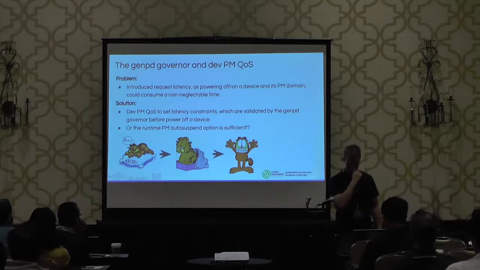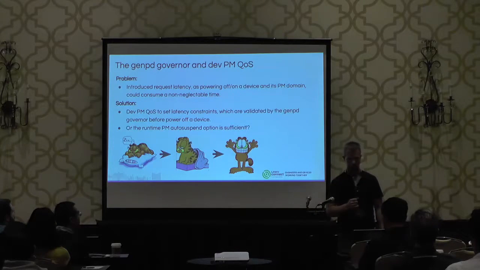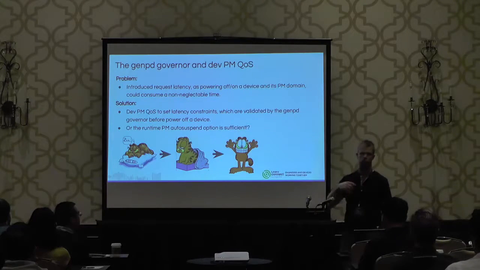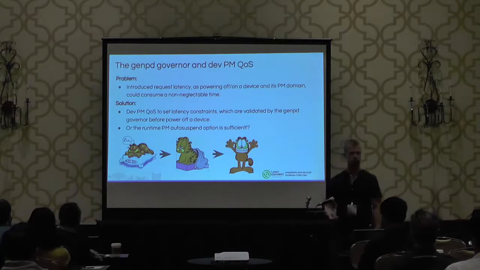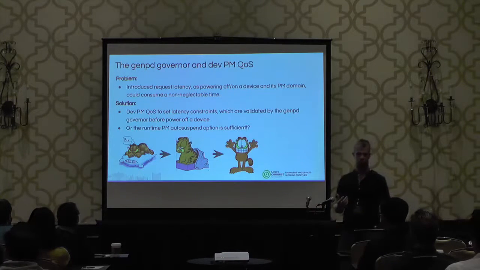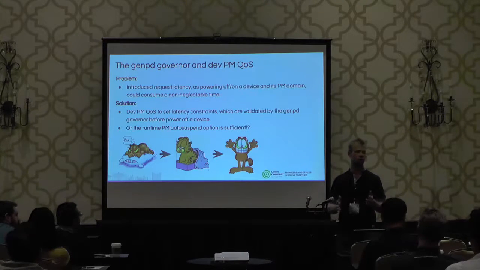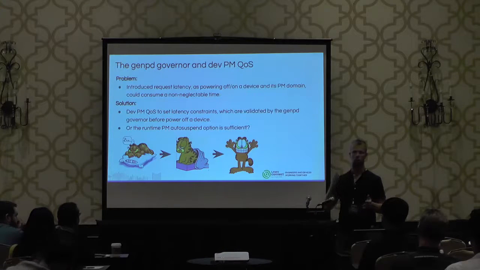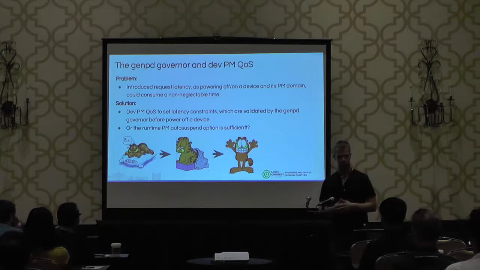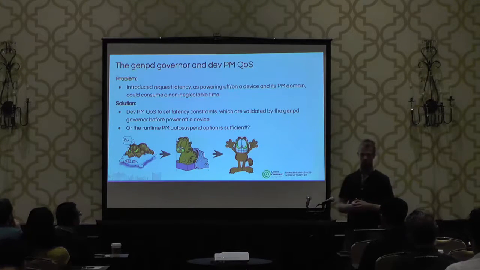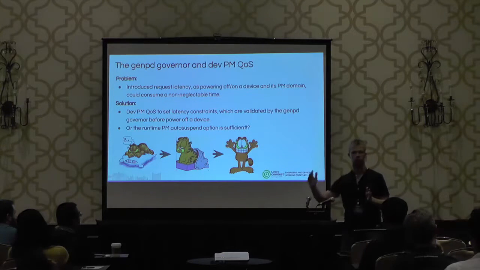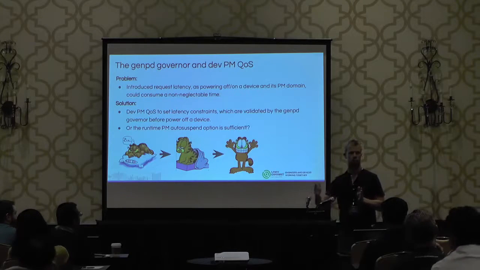In some cases, you can get into a situation where you get bursts of requests. So you can accept this latency, but you don't want to have this latency all the time. Then you have a feature inside Runtime PM called auto-suspend, and that in principle means you have the option to defer the suspend until a little while later.